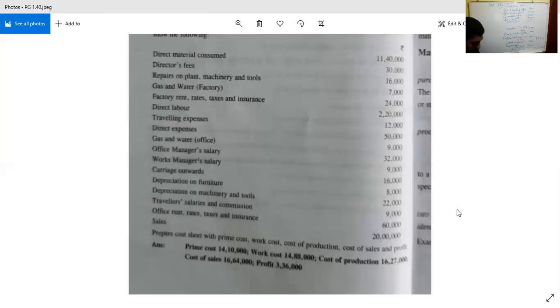So we will add up these things. How much is it? 9,000, 32,000, 8,000, 9,000, 30,000.